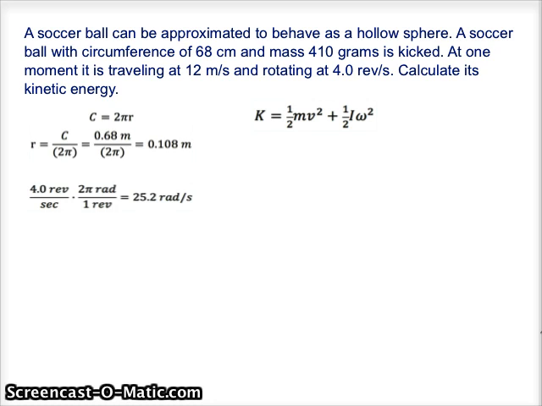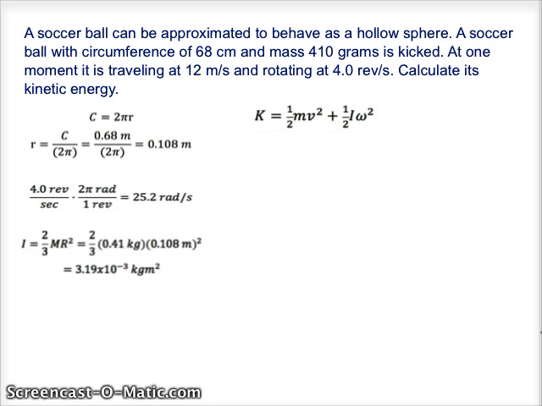Okay, and now we'll go ahead and calculate our value for I. This is considered to be a hollow sphere, so that would be 2/3 m r squared. That's why we needed that radius value. And we can go ahead and put in our mass and so forth. And again, a pretty tiny value for inertia, which is common for everyday objects.